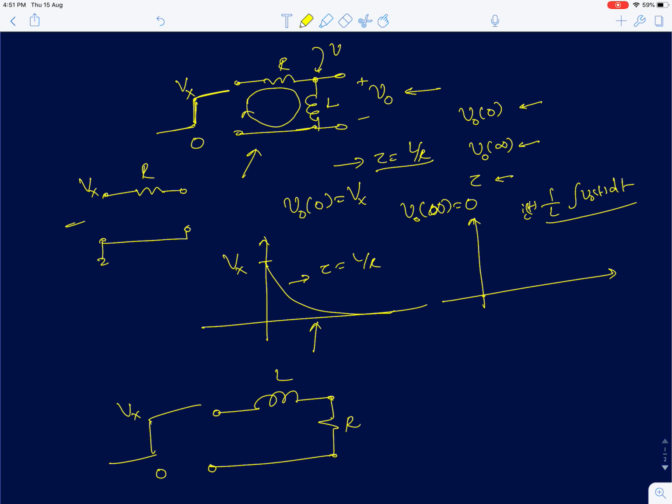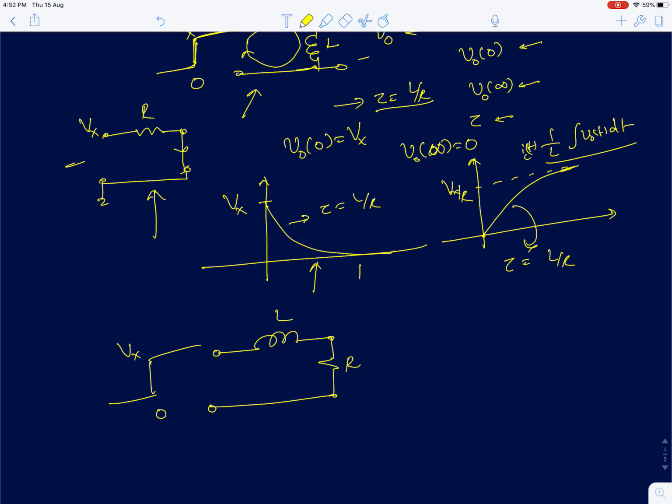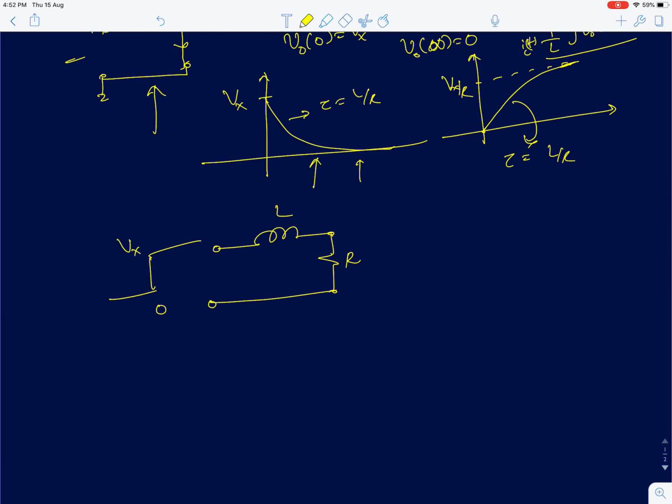So you are going to start with a current of 0, and in the steady state, the inductor is going to behave like a short circuit, and the current built in the circuit is going to be Vx by R. Again, it's a first order system, so you will start from 0 and approach it asymptotically with the time constant of L by R. Okay, I am not writing the mathematical equations for this. We have already done it extensively in the previous lectures. So in this lecture, I thought I'll very quickly browse through all the problems on first order RL circuits.